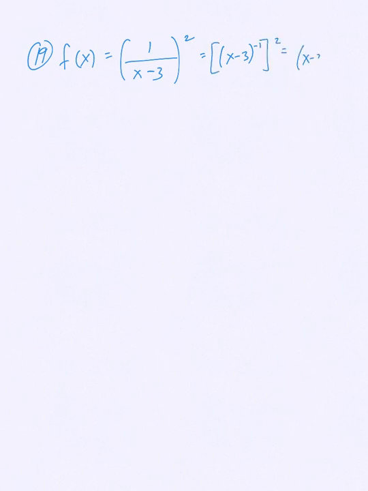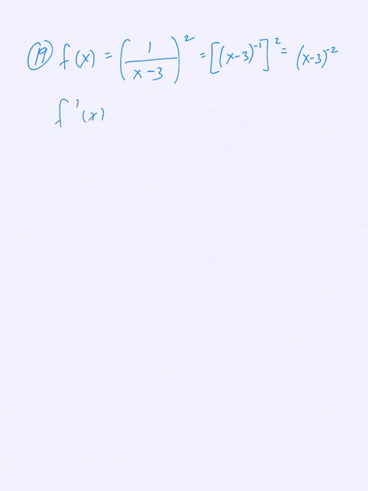All right, 19 looks super interesting. I'm going to change the t's to an x because my t's can look like plus signs. Okay, so there are a few things that we can do. We can do quotient rule within chain rule, but I think I'm going to rewrite this. This is x minus 3 inside to the negative 1 squared, which is just x minus 3 to the negative 2.